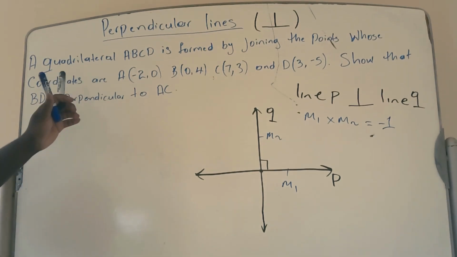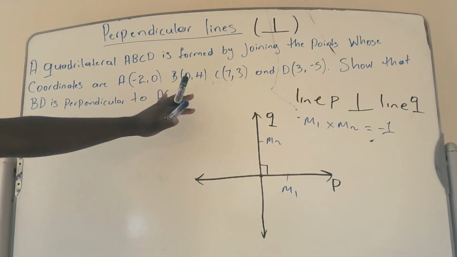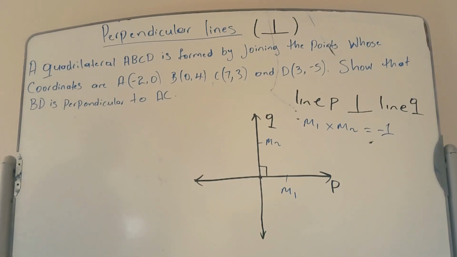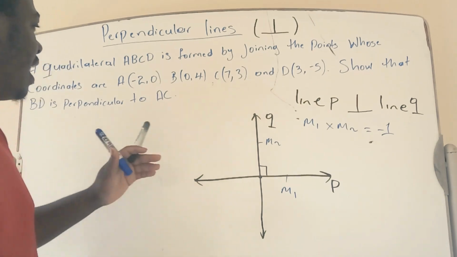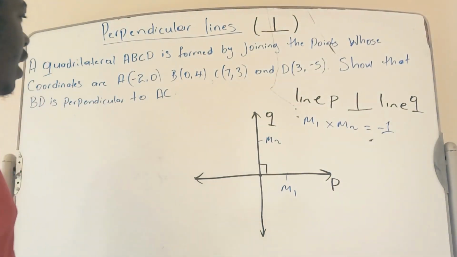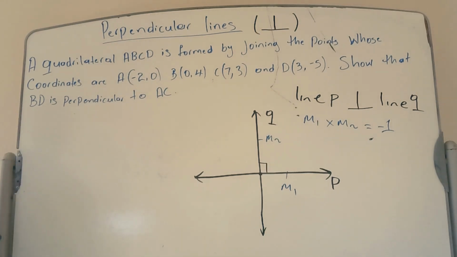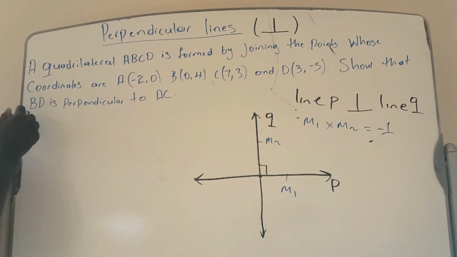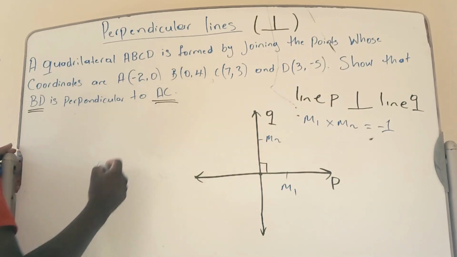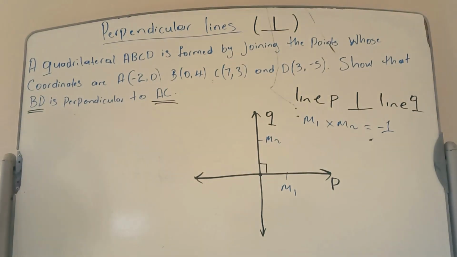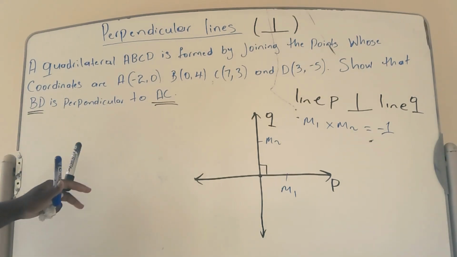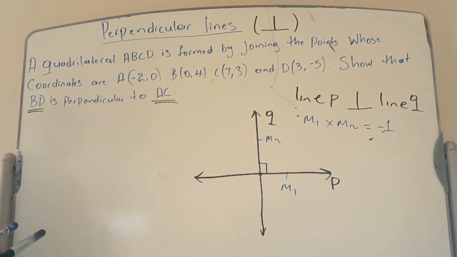Now we know that in the question they give us some coordinates for the endpoints of the line. Now we know that if lines are perpendicular, then the product of their gradients is equal to -1. That means if we find the gradient of BD and find the gradient of AC, then when we multiply them, and if we get -1, then we can say that the lines are perpendicular.